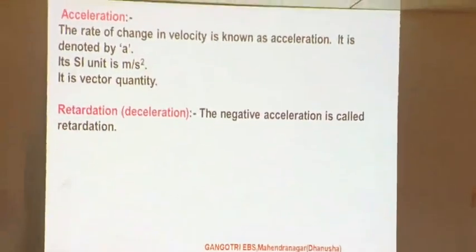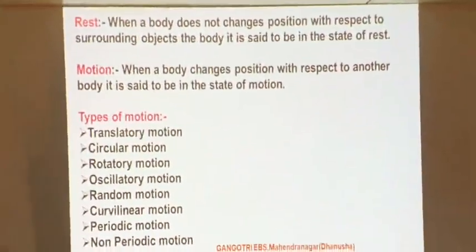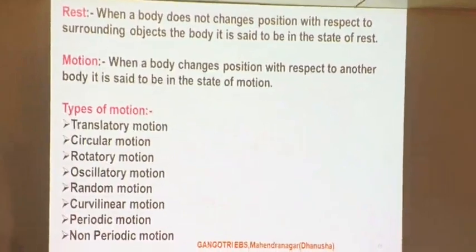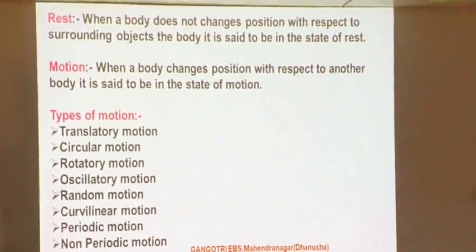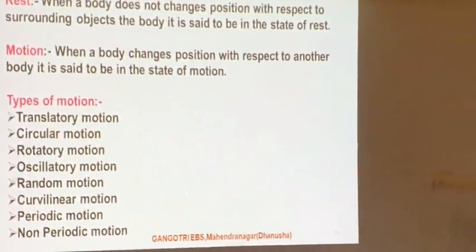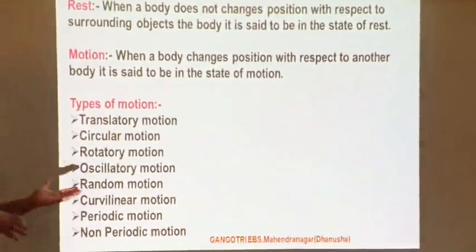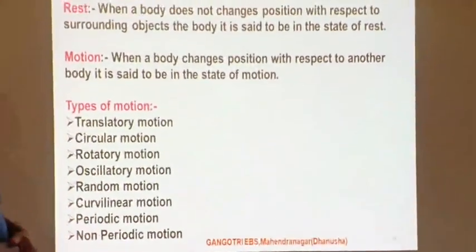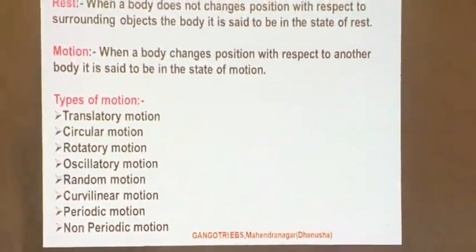Now we are going to study rest and motion. First of all, let's understand what is rest. When a body does not change its position with respect to its surroundings, then it is said to be at rest.